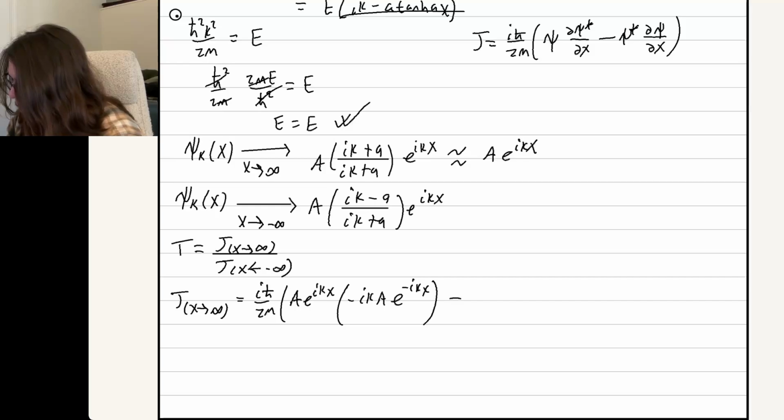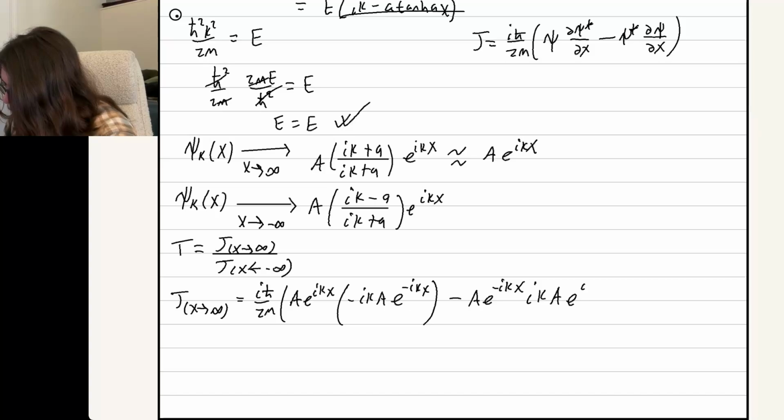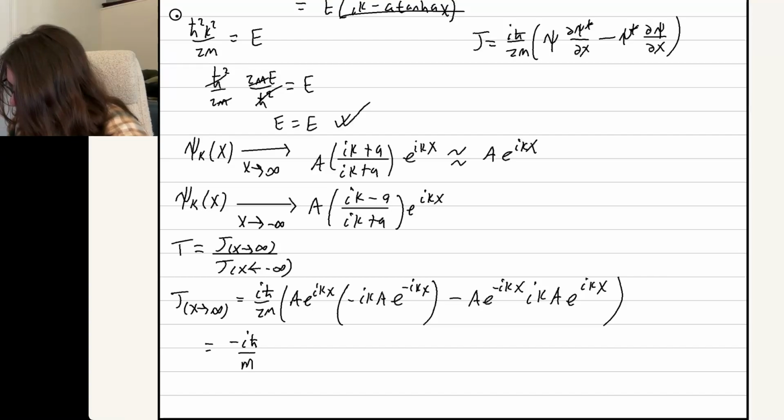Psi star is just A e to the minus ikx. The derivative of the wave function is just ikA e to the ikx. So these two terms are the same. They'll add up. So it's just minus i h bar over m times A squared times ik. Yeah, fancy stuff there.